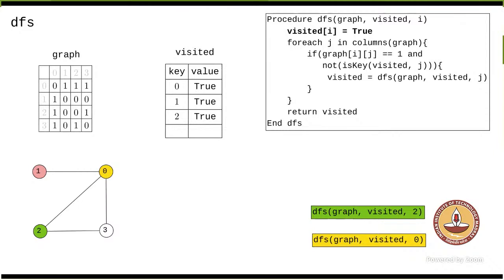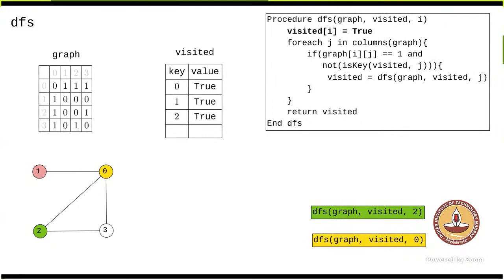Since the key is already present, we won't be executing the if part. Then we go to the next column, 1. It will check whether the value is 1. It is not, so we will not be executing it. Similarly for 2 also we will not be executing. Then we go to 3. For 3, the value would be 1, and since we have not visited 3 already, there's no entry for that key. We will be calling DFS again for that.